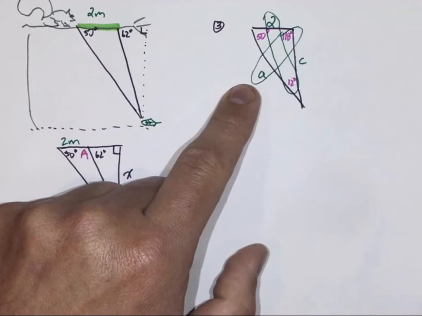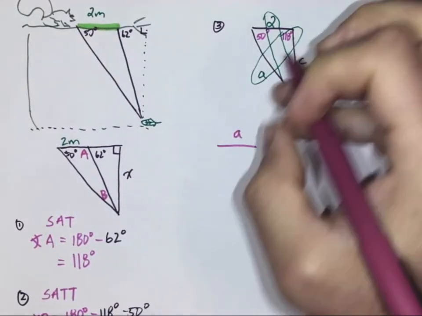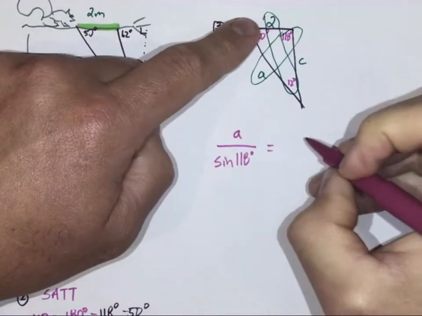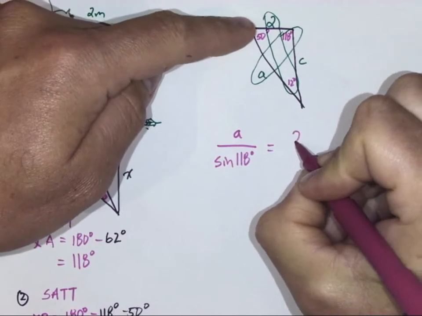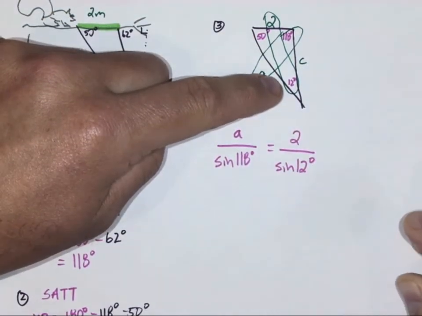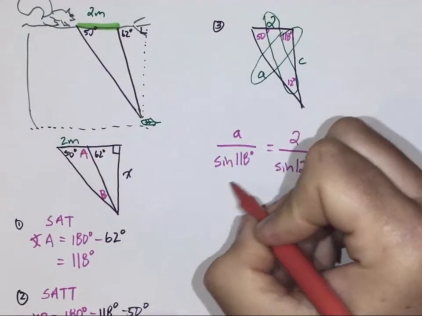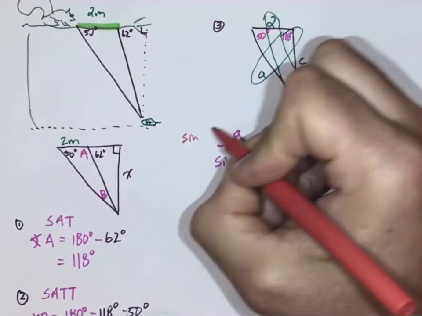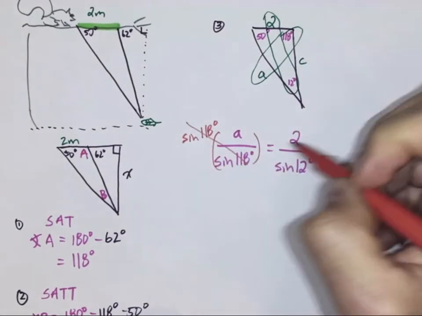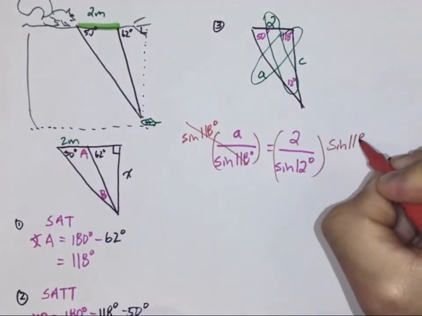So side A over sine of 118 is going to equal side B over sine of 12 degrees. To isolate our variable, we're going to multiply the entire left side by sine 118 degrees, which means we're going to multiply the entire right side by sine 118 degrees.